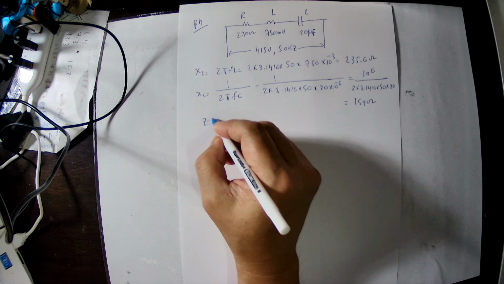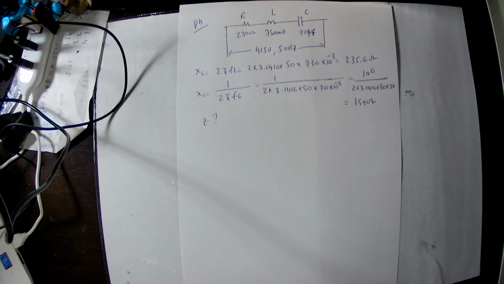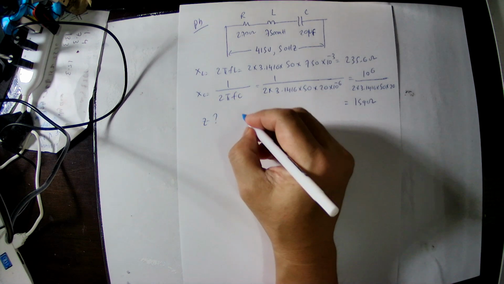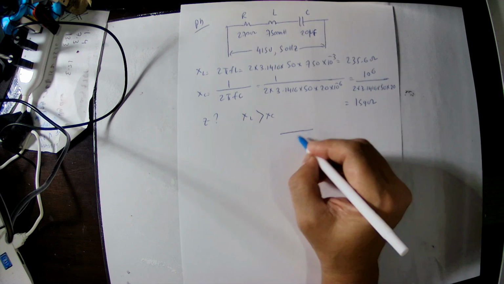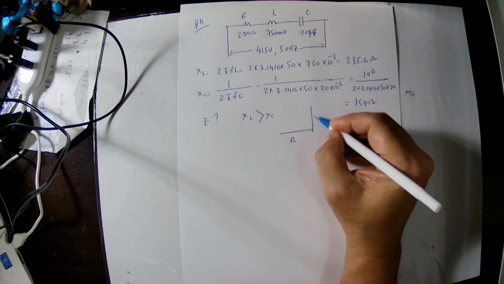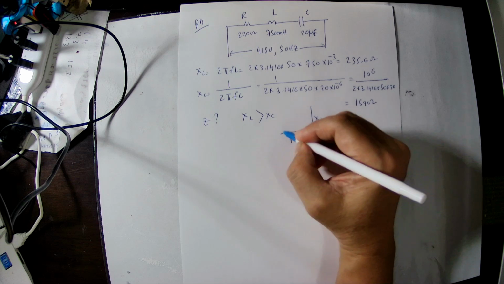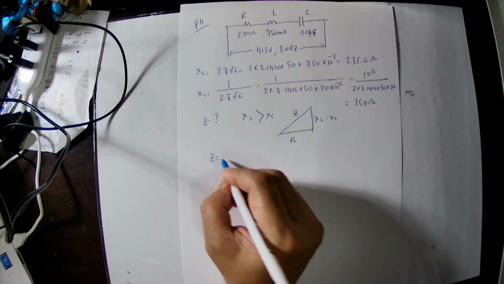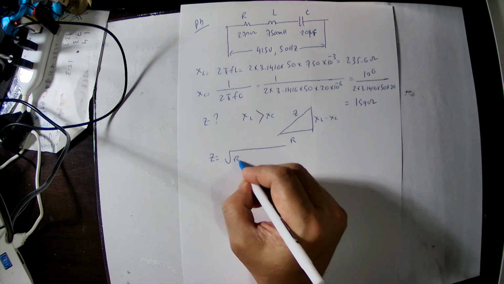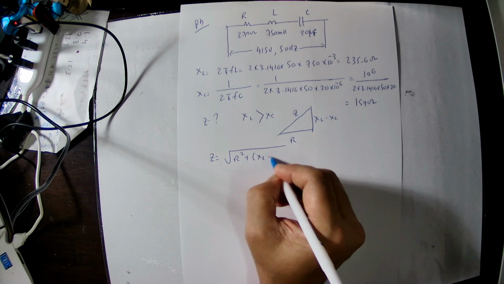In this case, you can compare XL and XC. XL is greater than XC. Therefore, the diagram is like this. This is the resistor here. This is XL minus XC here. So this is impedance Z. Z can be calculated as the square root of R square plus (XL minus XC) whole square.